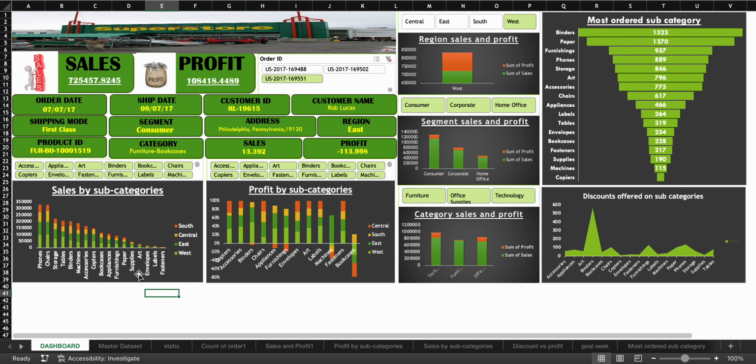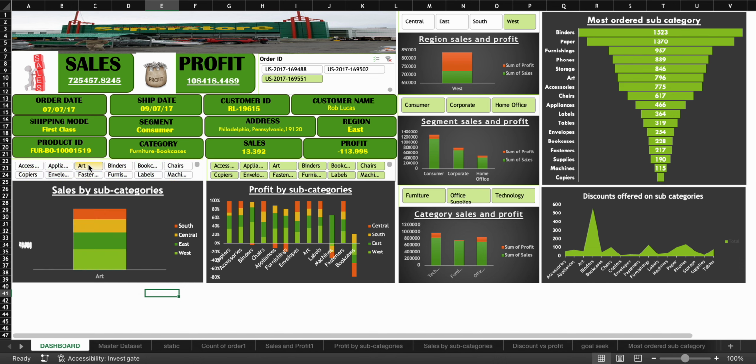This pivot chart tells us about the sales by subcategories. This is the overall information. If I click on, suppose, art, in art my sales is this much, and also according to the region. This will give a clear, vivid picture to the superstore of where to increase the sales and how.